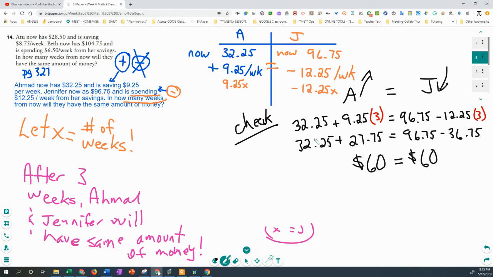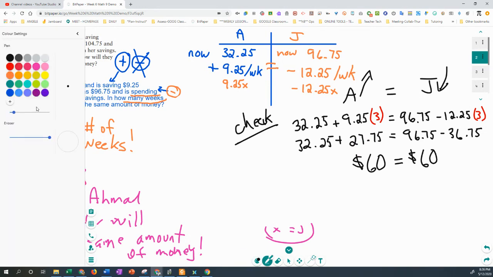So $32.25 plus $9.25 savings per week at 3 weeks, which was my solution, should equal Jennifer's amount of $96.75, but she's spending $12.25 per week. What happens after 3 weeks? Well, after 3 weeks, Ahmed has saved $27.75 more, right?